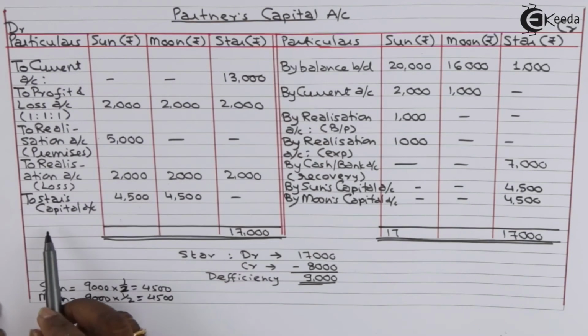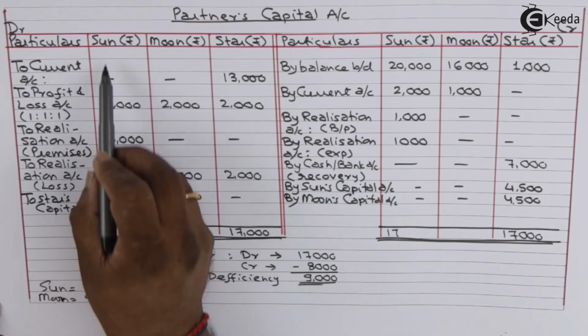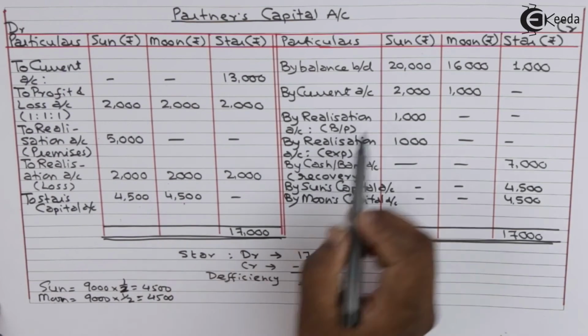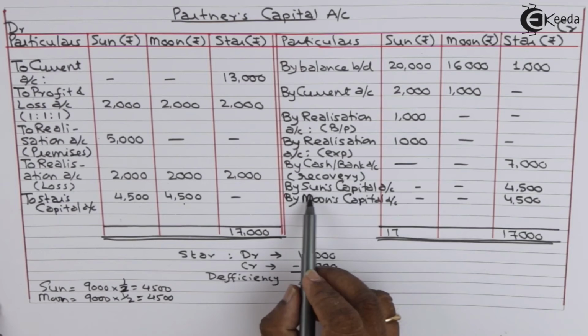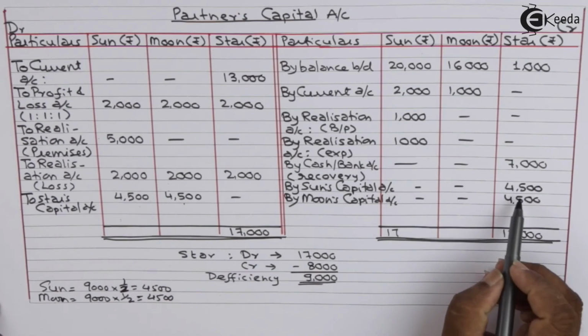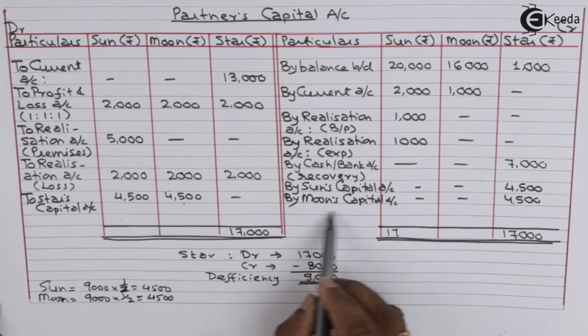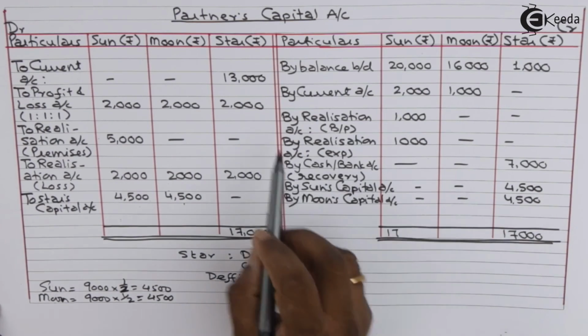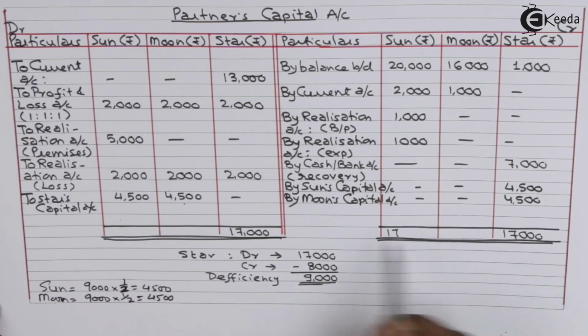Partner's capital account debit to Star's capital, Sun 4,500, Moon 4,500. Credit side, by Sun's capital account, Star column 4,500. By Moon's capital account, Star column 4,500. At this point, Star's capital account is closed. Debit as well as credit 17,000.